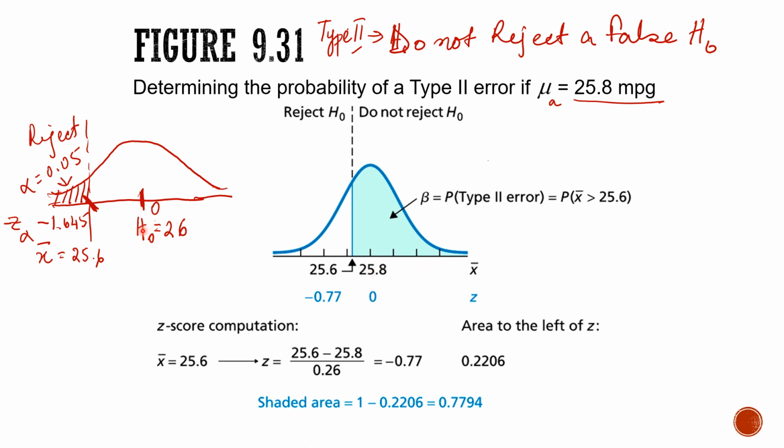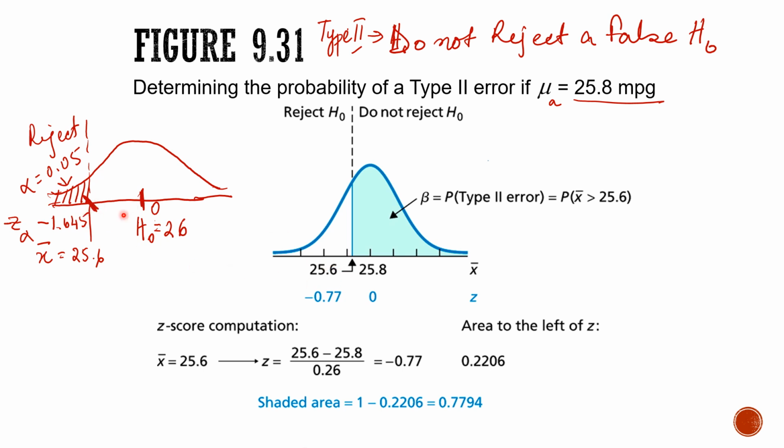So previously we were using 26 as the null hypothesis mean, and we placed it at the center. But now that this is not true, we replace this 26 by 25.8, and when we do that, this whole picture changes. All right, so what happens is 25.6, the critical value, the x bar value corresponding to the critical value, is still there.